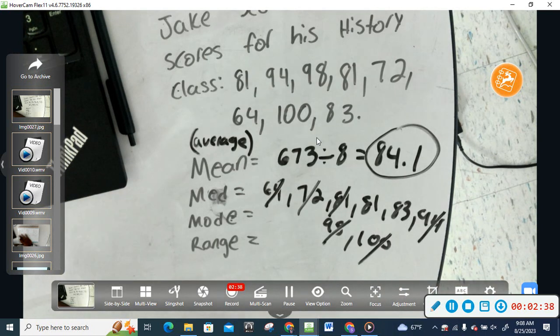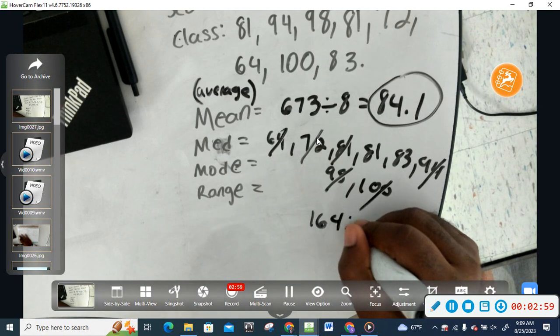To the left. So what's the rule when I got 2 numbers left in the middle? Add them all up, and then. 164.